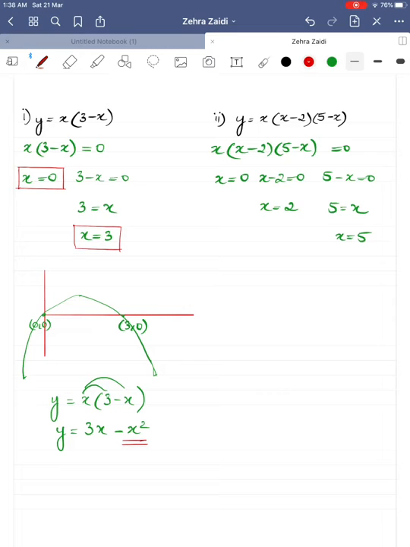So here we have the curve crossing the x-axis at the origin, x is equal to 0, at x is equal to 2, and at x is equal to 5. Let's sketch the curve.